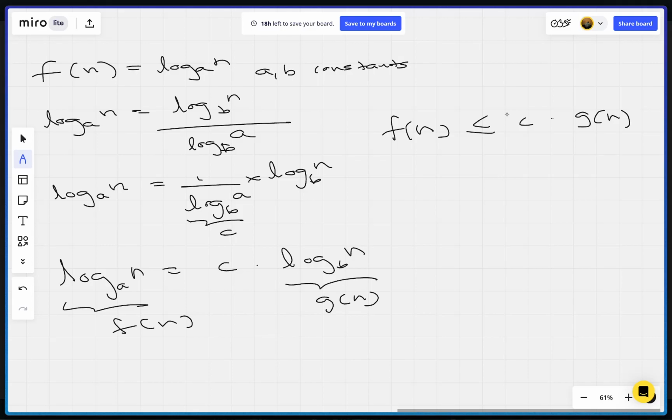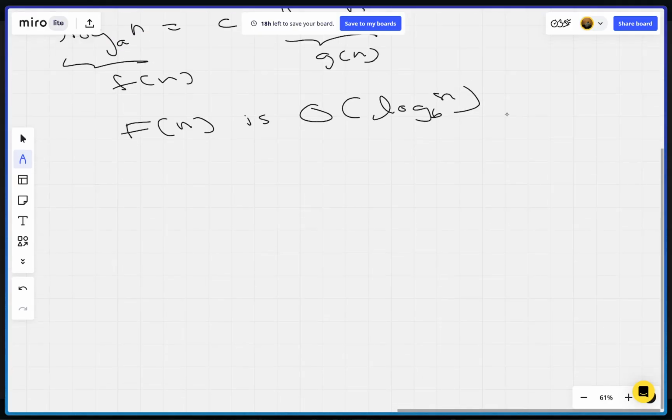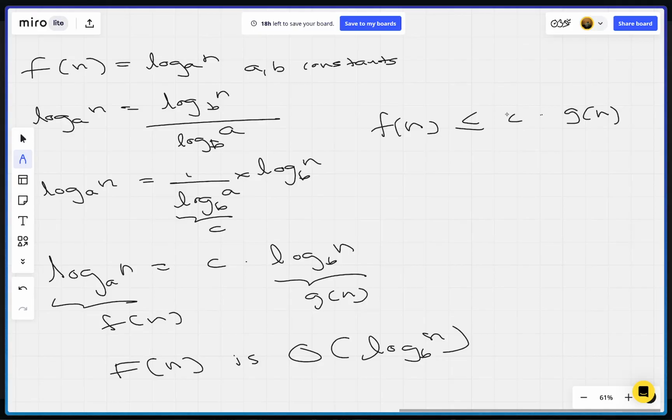In this scenario, it's equal. So we can say function f(n) is O of log base b of n. This is how you prove that. All you have to do is remember this thing.